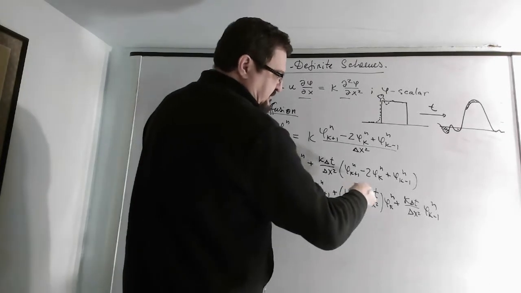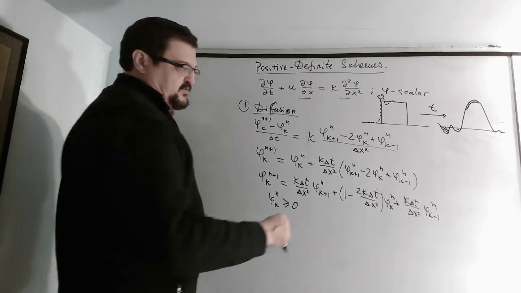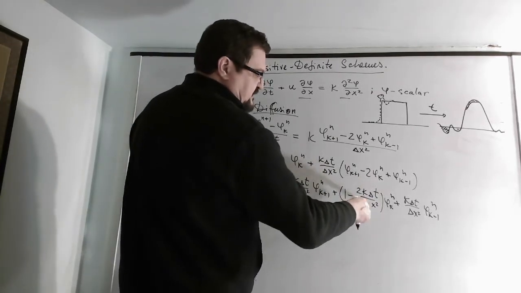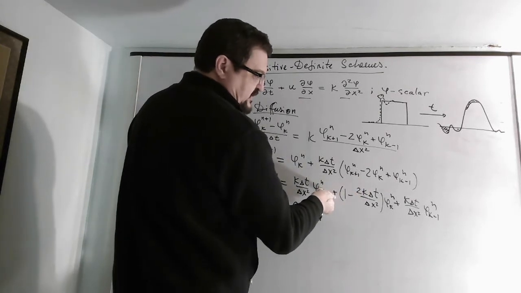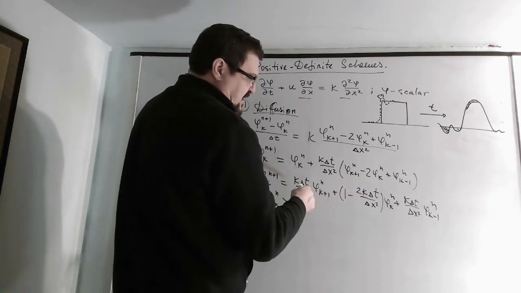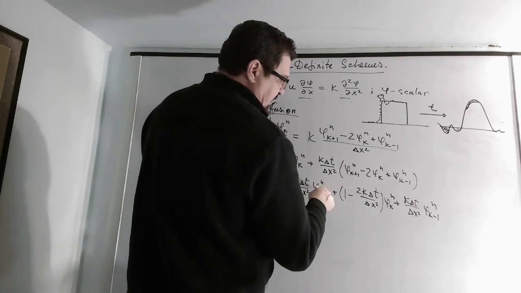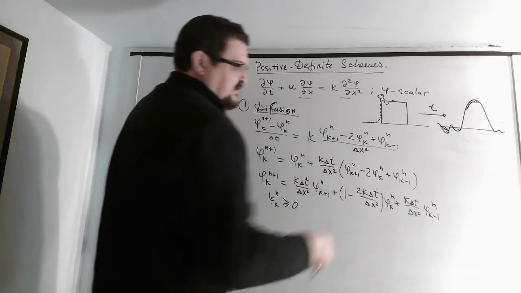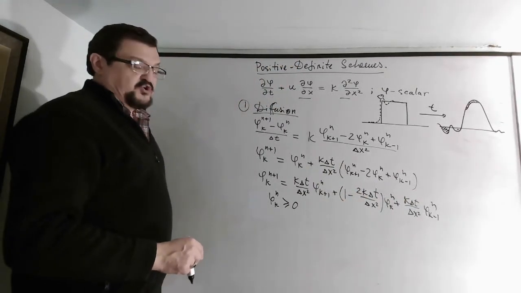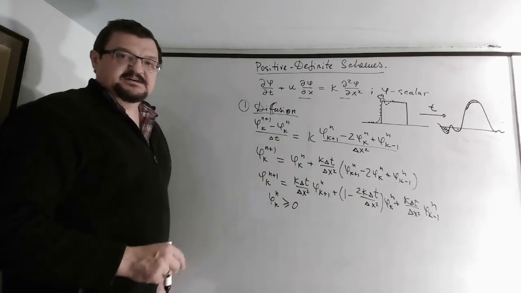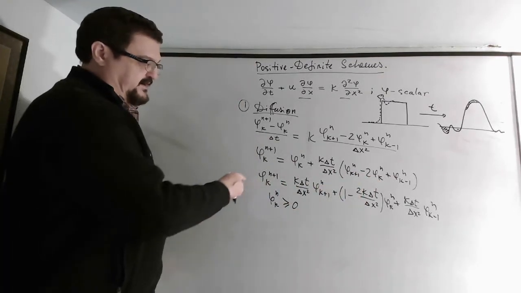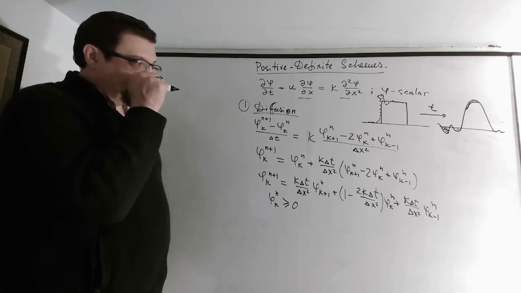But this one can become negative, because if this term here is greater than 1, then this term will come with a minus sign here, and depending on the values at k plus 1 and k minus 1, this term can overwhelm those two terms and create a negative value of phi at this grid point.